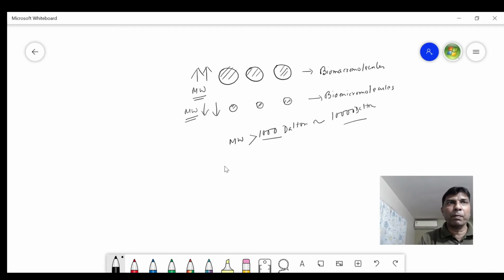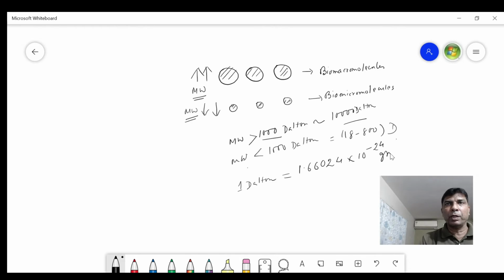Whereas in case of biomicromolecule, the molecular weight is less than 1000 Dalton. It may be from 18 to 800 Dalton. Now what is 1 Dalton? 1 Dalton is nothing but 1.66024 into 10 to the power minus 24 grams.